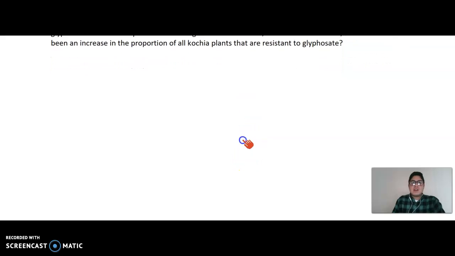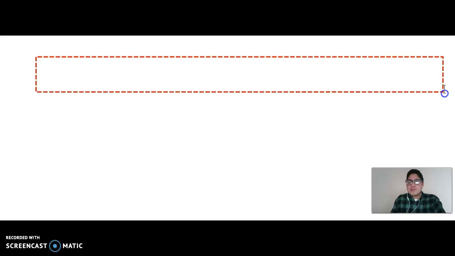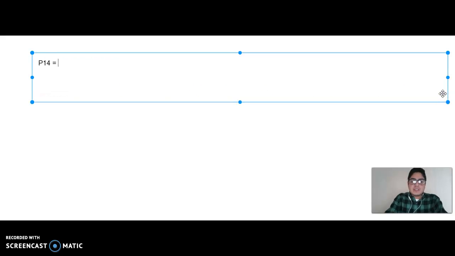So let's start with our state part of the process, which is going to be our parameter and our set of hypotheses. So we have two parameters here that we're comparing, and the first one is going to be P14, which is the true population proportion of kochia plants resistant to glyphosate.